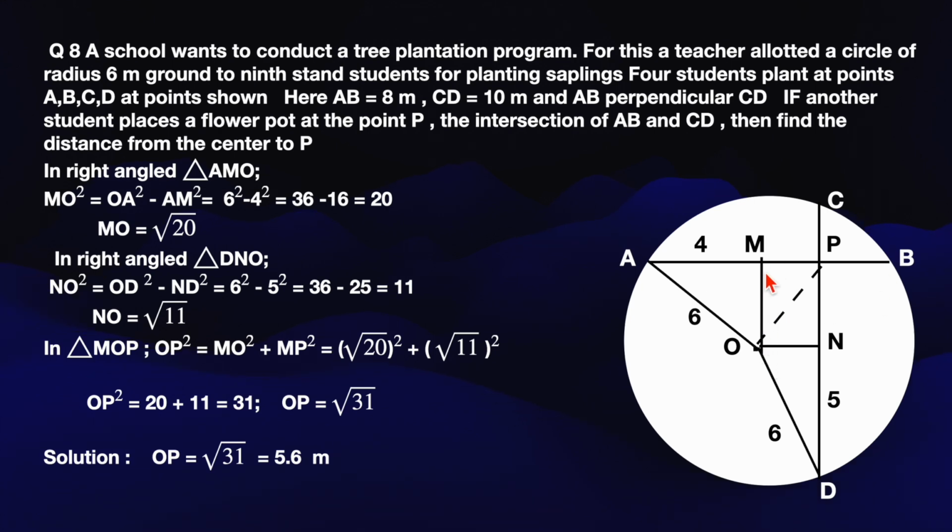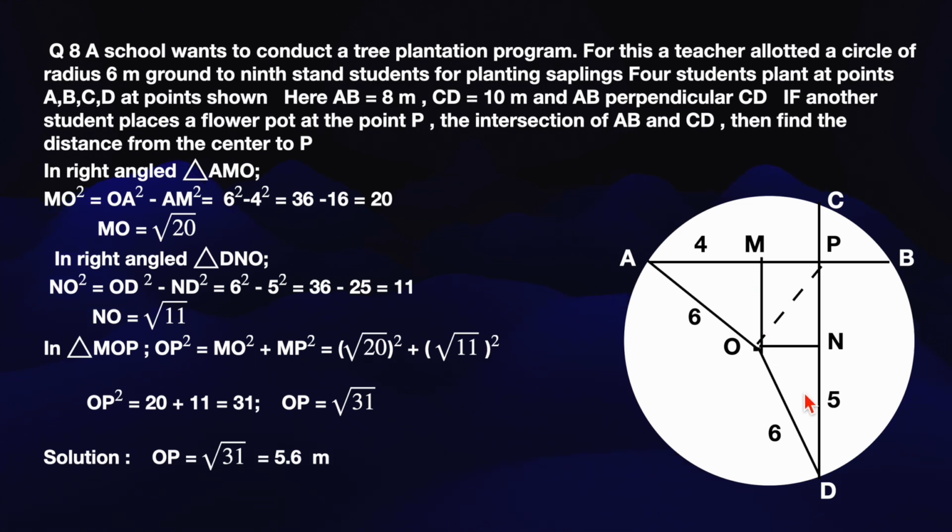This point is the midpoint M, and this is the midpoint N. So this distance becomes 8 upon 2, that is 4, and this distance ND is 10 upon 2, that is 5. Let's take this triangle AMO. This distance MO is equal to square root of 6 square minus 4 square by Pythagoras theorem. Simplify it, you get root 20.